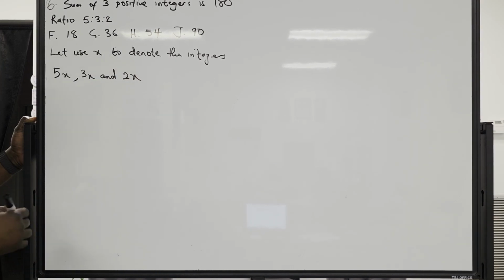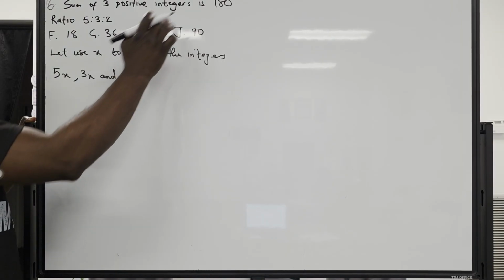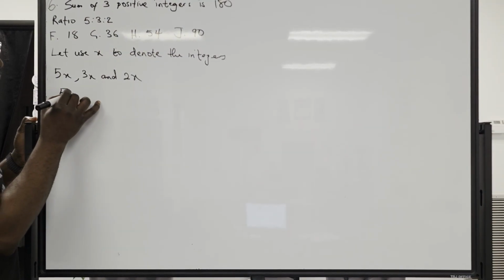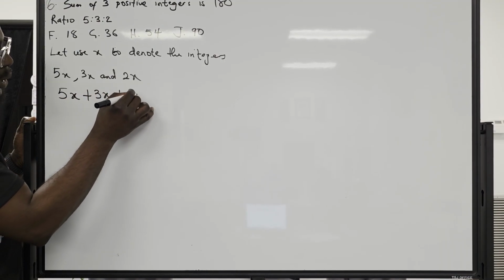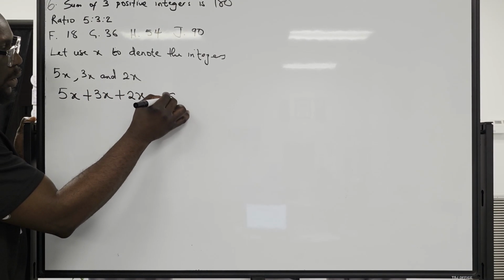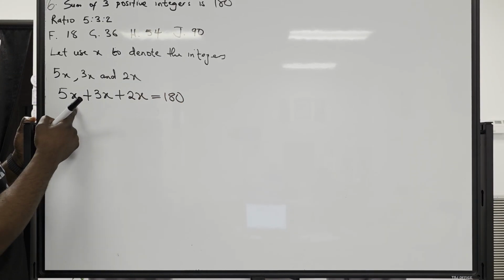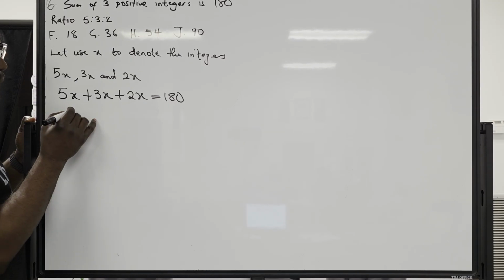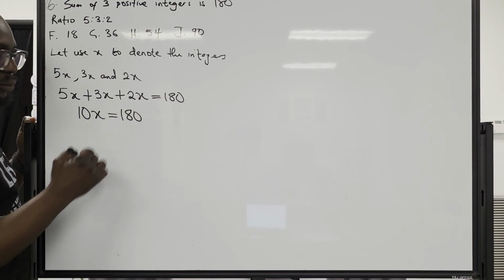Together they should give us 180. So 5x plus 3x plus 2x is equal to 180. 5x plus 3x is 8x, 8x plus 2x is 10x. So 10x is equal to 180.